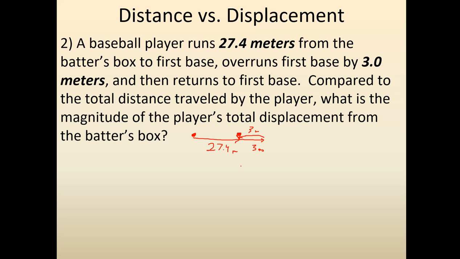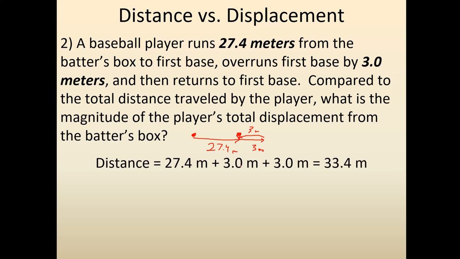So let's figure out what distance and displacement both are, since they mentioned both of those in the question. As we mentioned before, distance is the total length traveled, not taking into account direction. So we take the 27.4 and add the two 3s there and back to get a total distance of 33.4 meters.